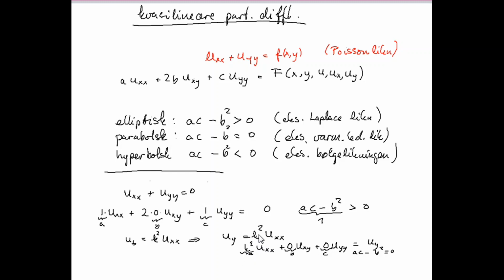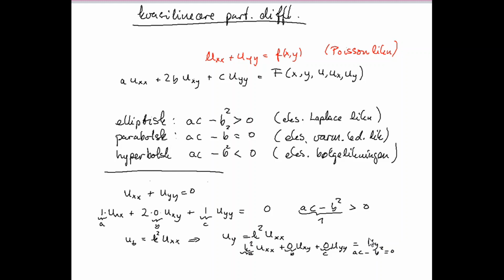Let's rewrite this equation. We see that in this case k squared must be the a in the general description of the quasi-linear equations. b must be 0 because we don't have such terms. We don't have the second derivative of u with respect to y either, but we have the derivative of u with respect to y.